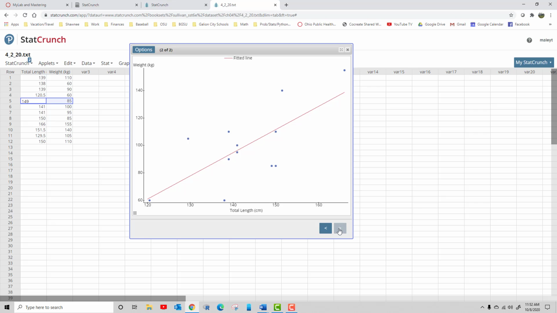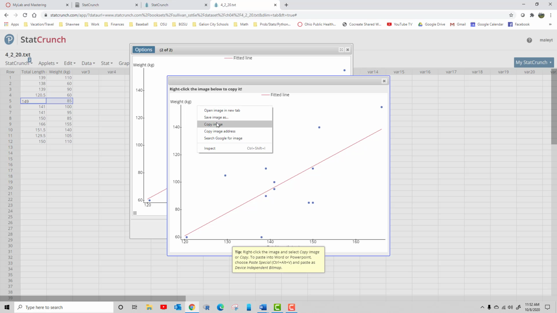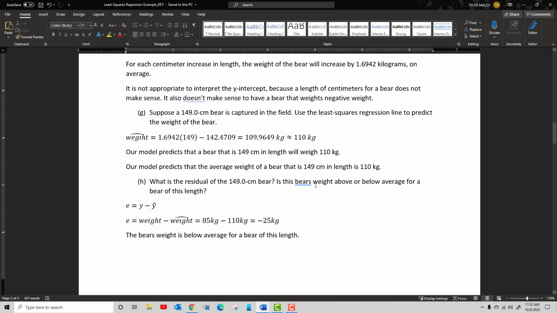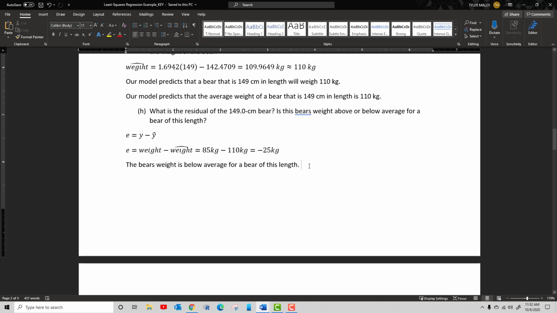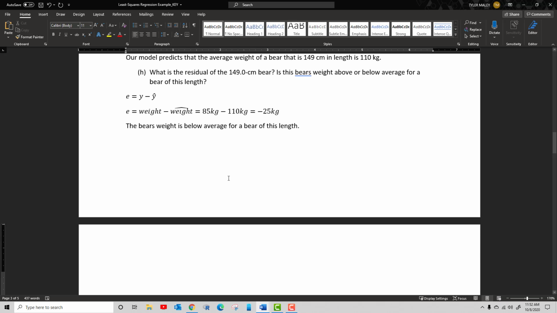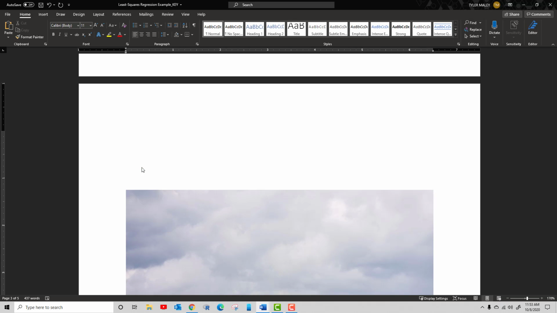If I click on this down arrow, it gives me a nice scatter plot, and it plots that red line on the scatter plot, the fitted line. So I'm going to copy this image and put this in our notes here.